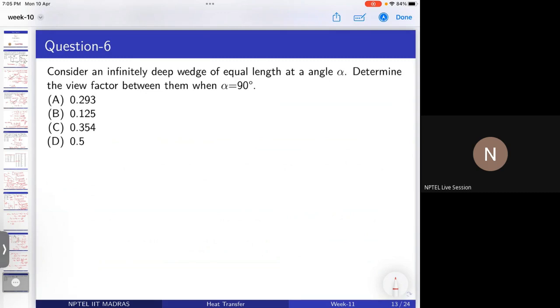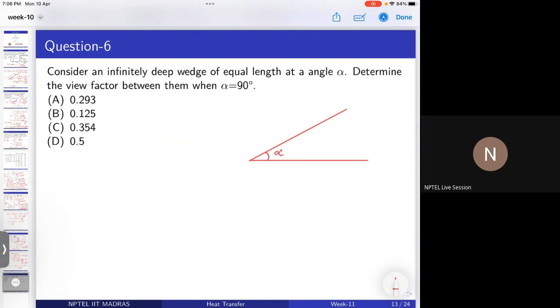Okay, so let the wedge look like this. I hope you know what a wedge is. It has infinite depth into the plane of the paper. Let this angle be alpha.